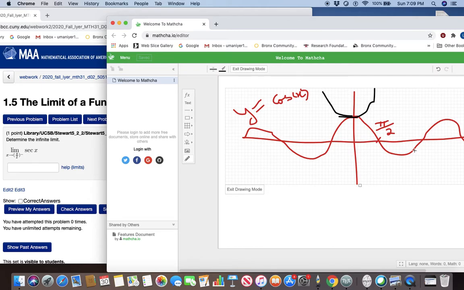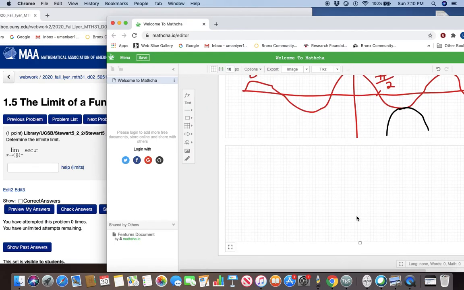And when cosine is below, secant will be below. My drawing is not very clean, but I hope you understand why the picture looks the way it does. So let's try and get a good diagram here.